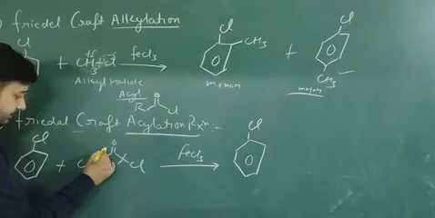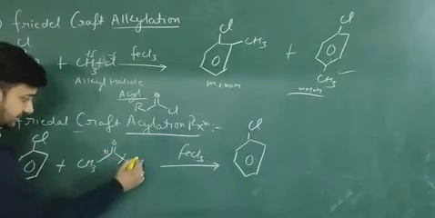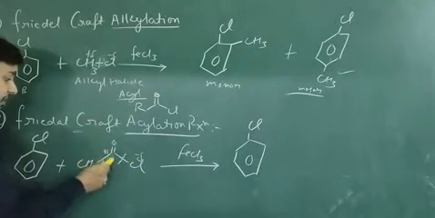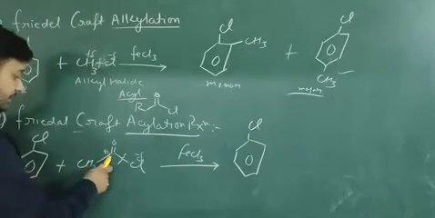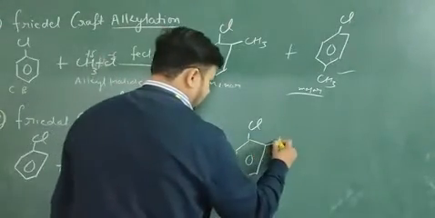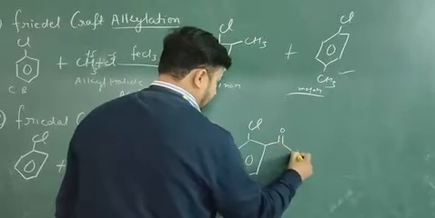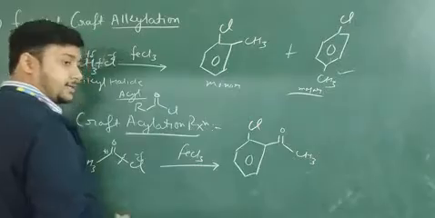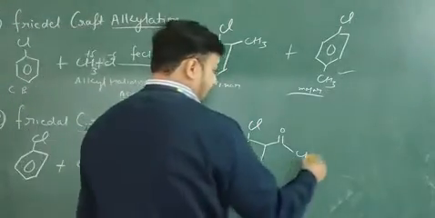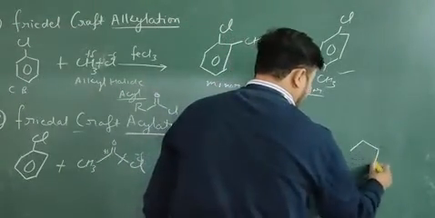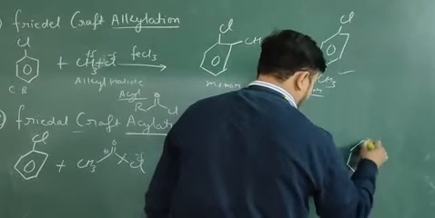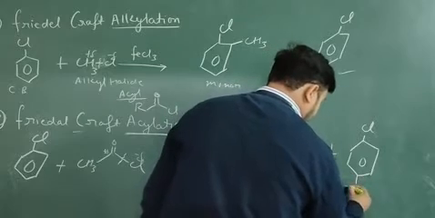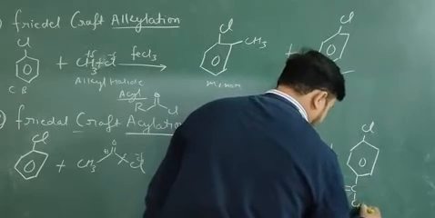This carbon will form a partial positive charge and this chlorine a partial negative charge, and this carbon, which is now electron deficient after breaking the bond, will attach here: C double bond O and the CH3. This is the acyl part, which is attached at the ortho position. And again there is another option to form the product: Cl attached here and C double bond OCH3.